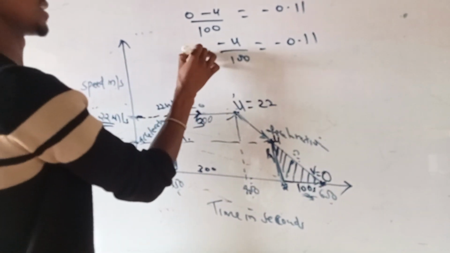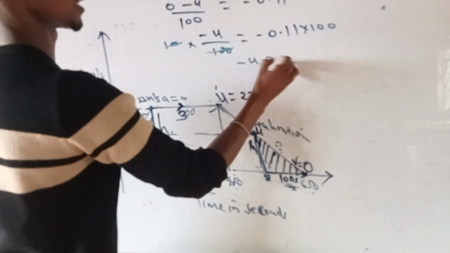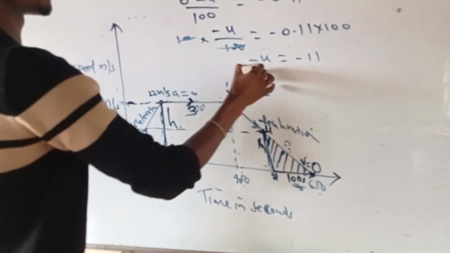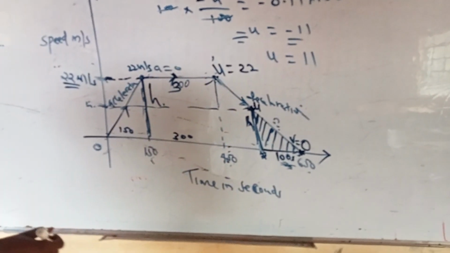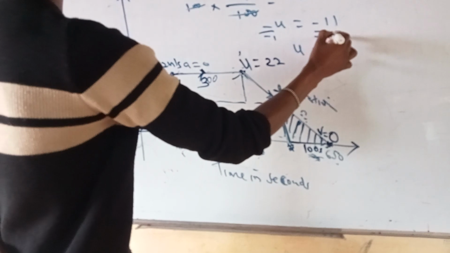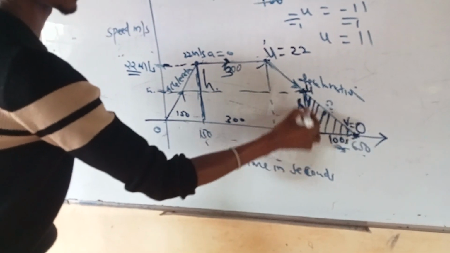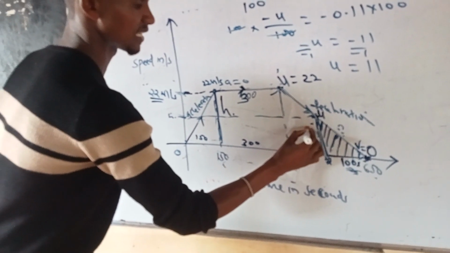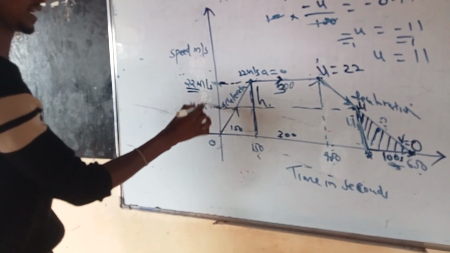You multiply by 100 and get negative u is equal to negative 11. You divide by negative 1 and get u is equal to 11. And our u is represented by the height. So our height here is 11 meters per second.